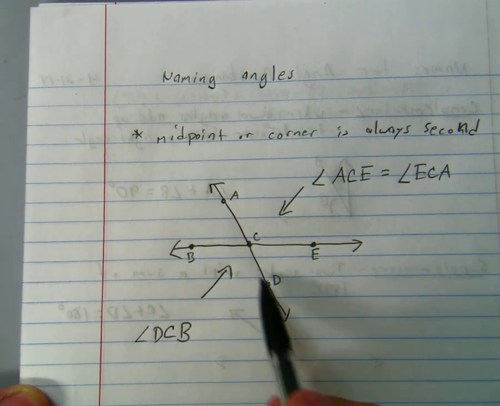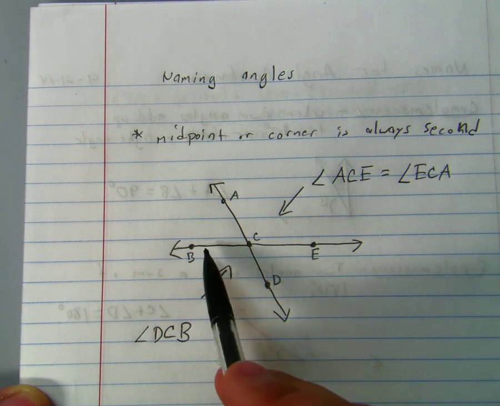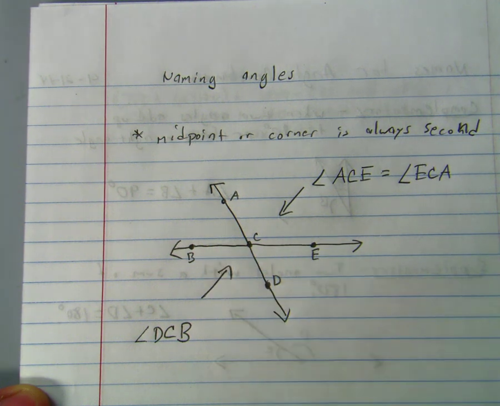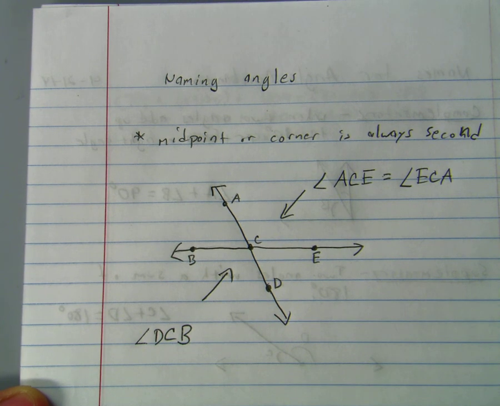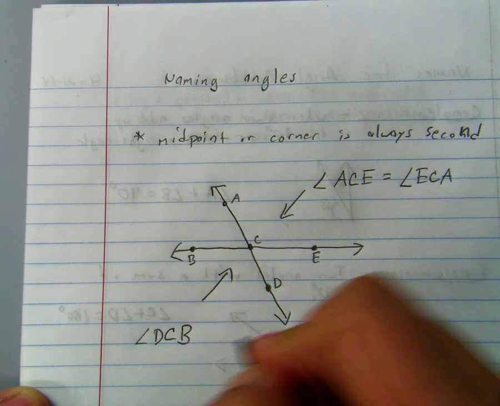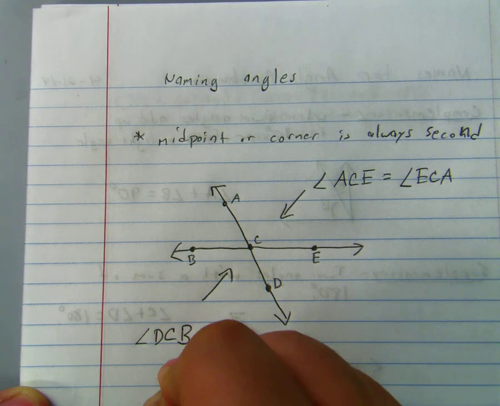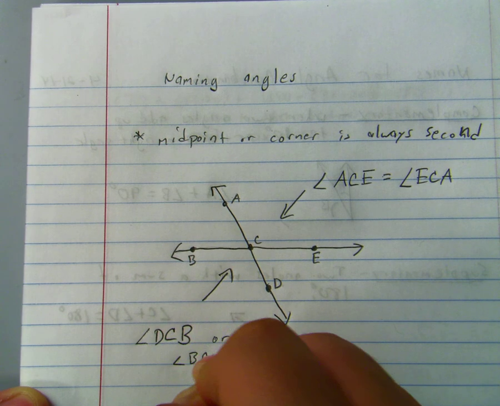You can't go from here to here because you're not traveling on the lines. It would be like cutting across a minefield instead of walking along the safe path. You can do it, but you might get hurt, and you don't want to get hurt. So this could be DCB or angle BCD.